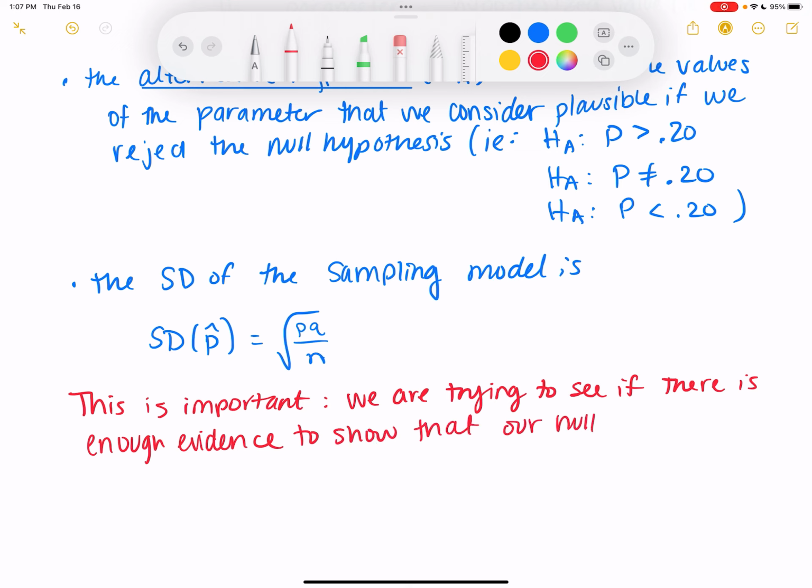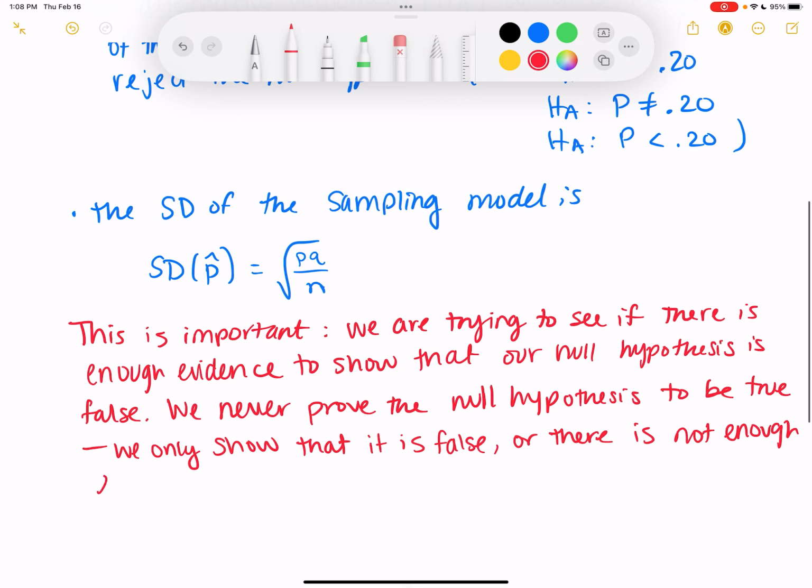We never prove the null hypothesis to be true. We only show that it is false, or there is not enough evidence to show that it is false.